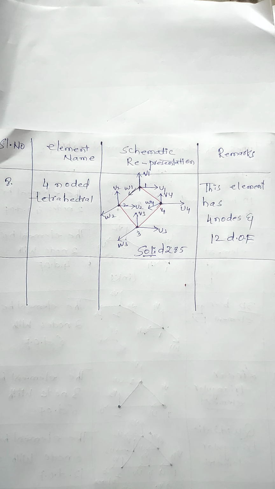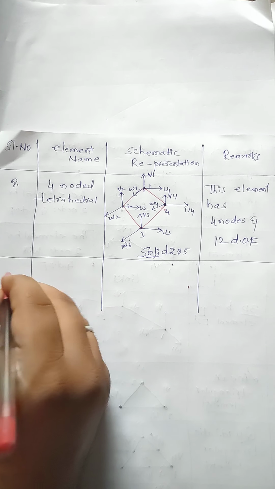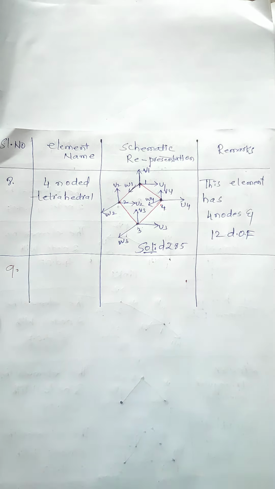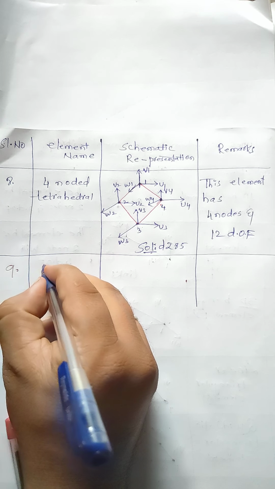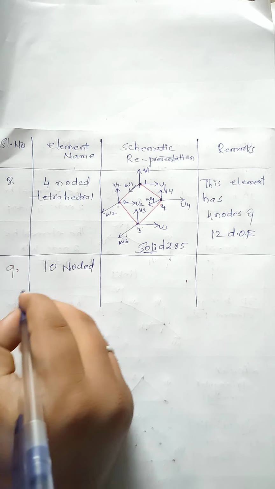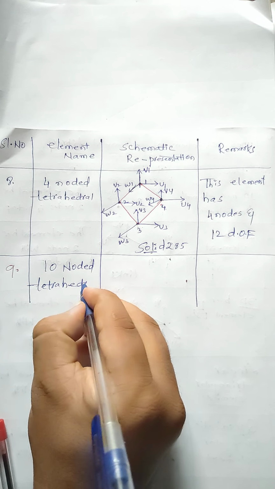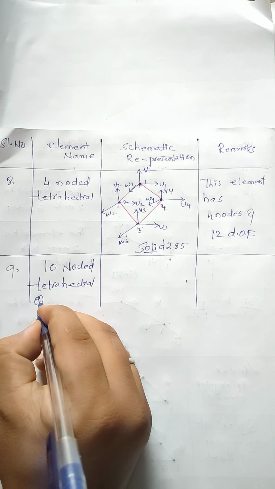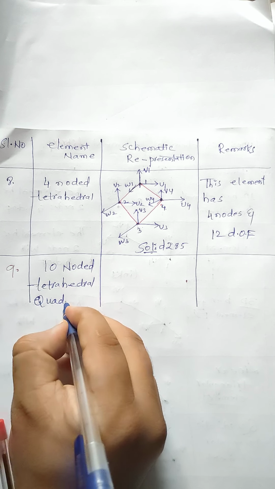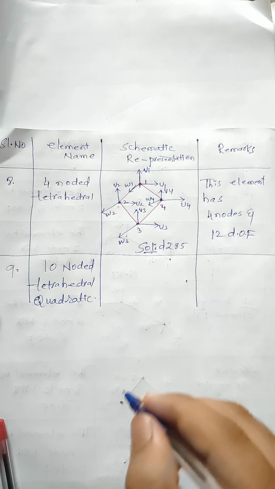Another one we can say is the 10 noded tetrahedral quadratic element. Okay dear, so let us see this figure.